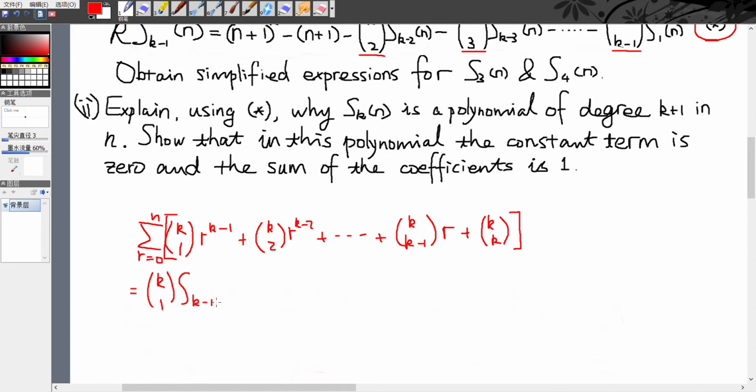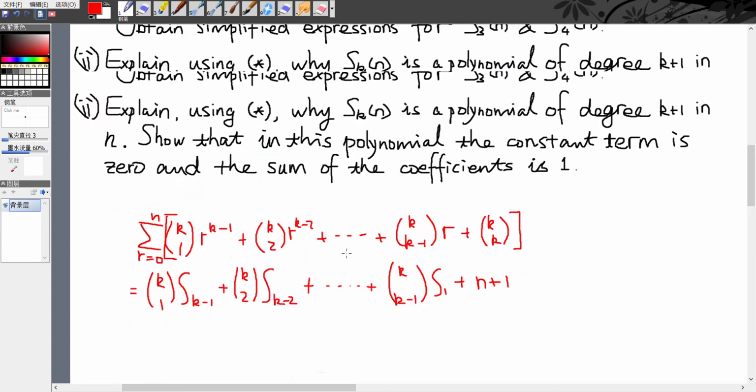And if we do the same to the following terms, we will have k choose 2 S k minus 2 plus, all the way to k choose k minus 1 S1, plus the summation from r equals 0 to n of 1, which is just n plus 1, because there are n plus 1 ones contained in the summation r from 0 to n, times k choose k.